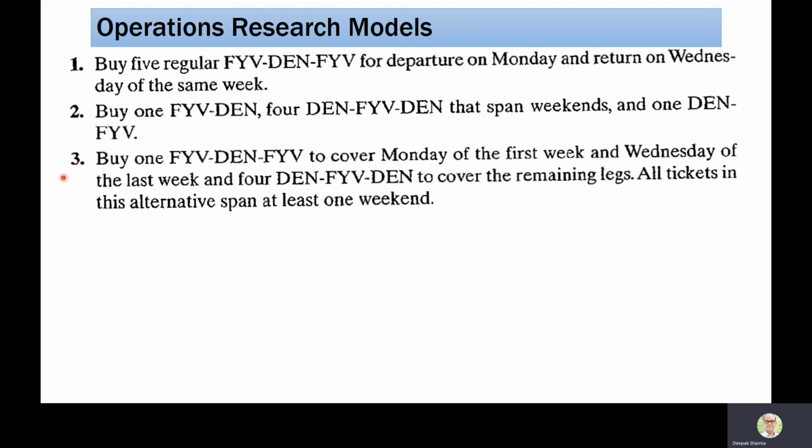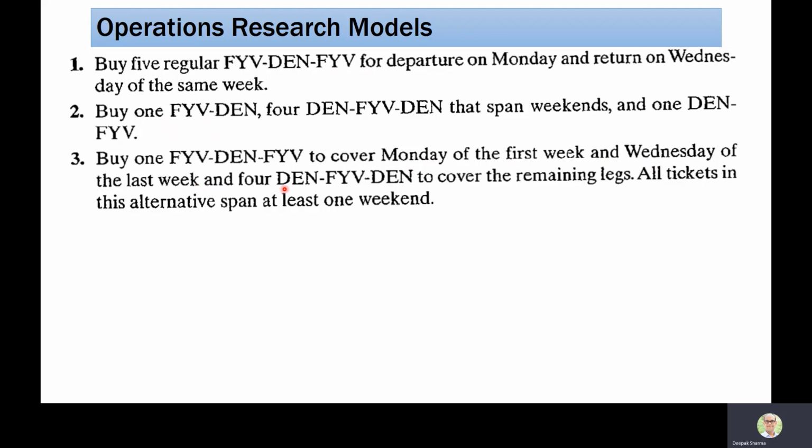The third option could be that I buy from city 1 to 2 and then come back. So the ticket will be spanning from the first Monday to the last week's Wednesday. So first week Monday and last week Wednesday.